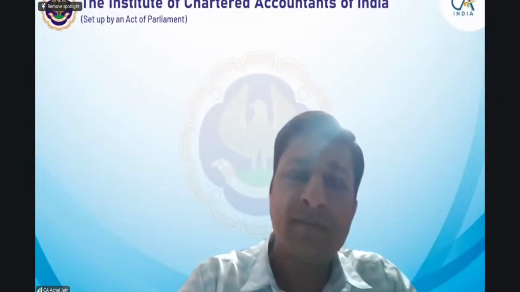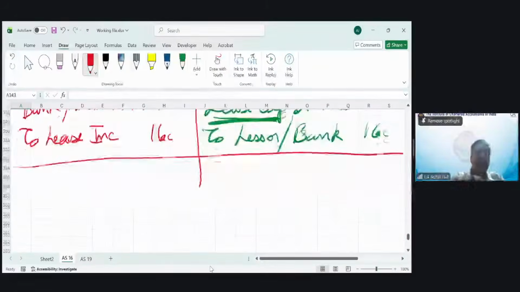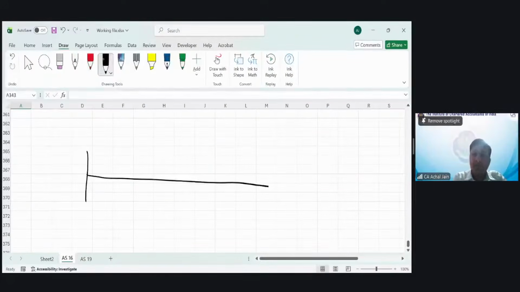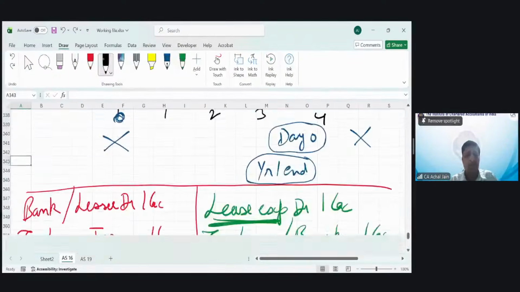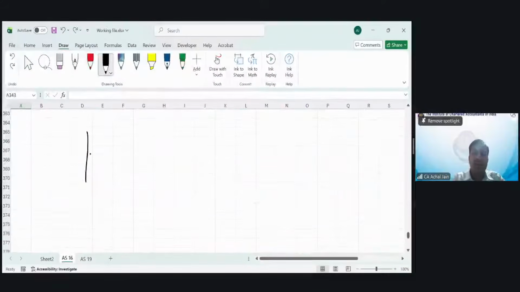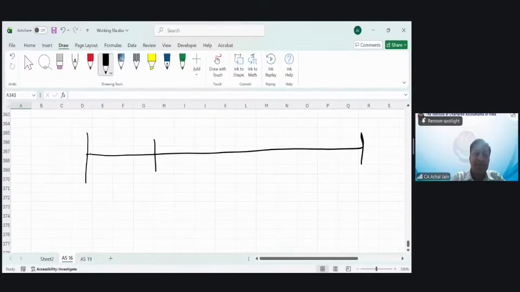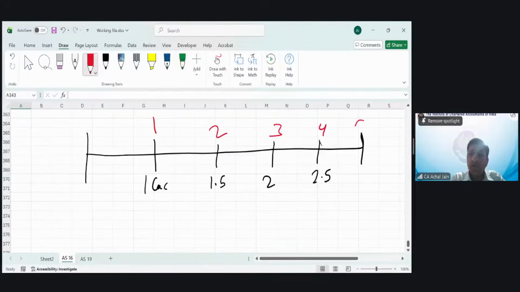So let's go back. Let's suppose in this example we change the facts slightly. In the first year rent is 1 lakh, second year 1.5, third year 2, fourth year 2.5, and fifth year 3 lakhs.